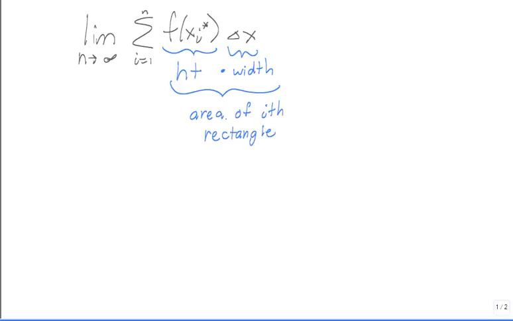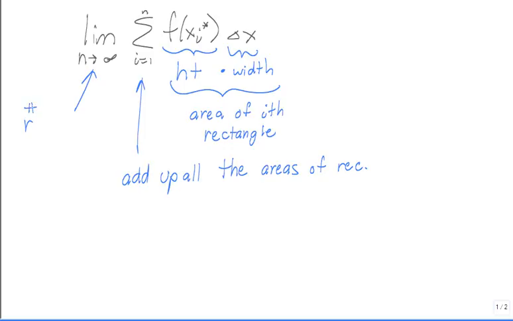F of x is the y value, so that's the height, and delta x is your width. We're doing n equal subintervals. Then we add up all the areas, and then we let the number of rectangles go to infinity.